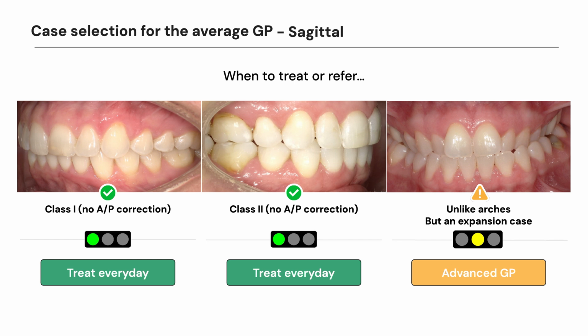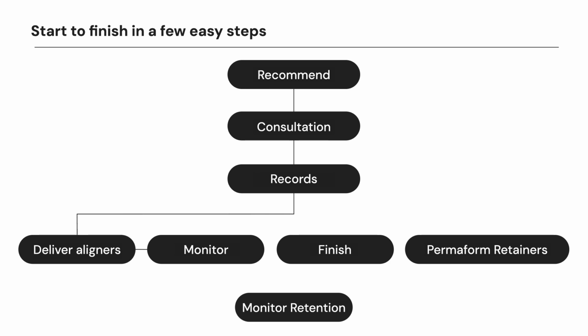We're going to look at that in more detail with the next couple modules. But right now, I want you to take all this stuff and put it aside, because I want you to think of the steps and how easy they are for you to do this. What do you do? Well, first you sit down with your patient and you recommend that they need to get their teeth straightened, and that will lead to a more in-depth consultation, which may happen at the same time as your recommendation.